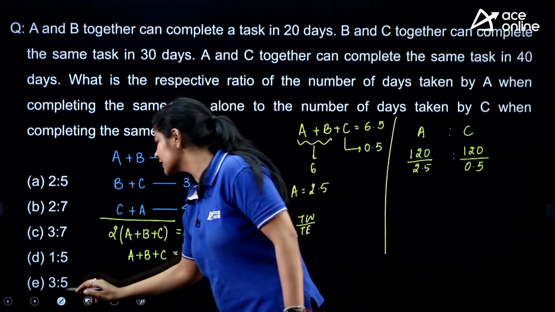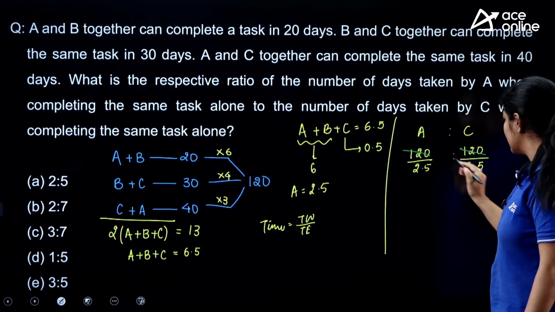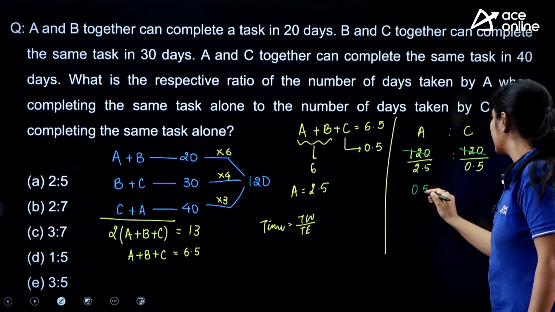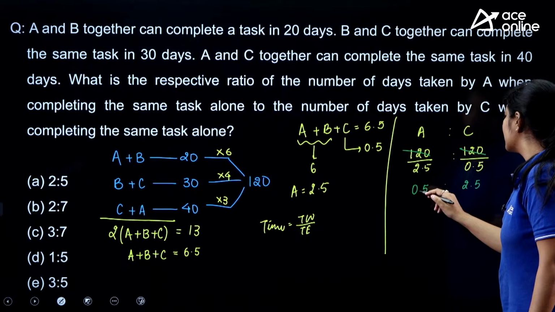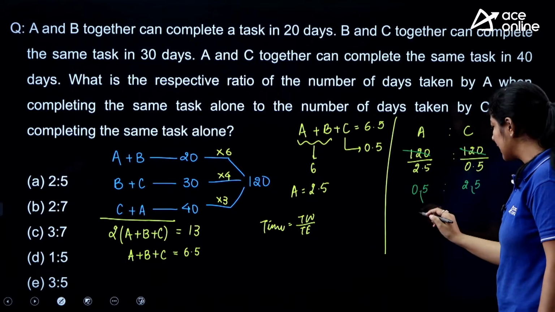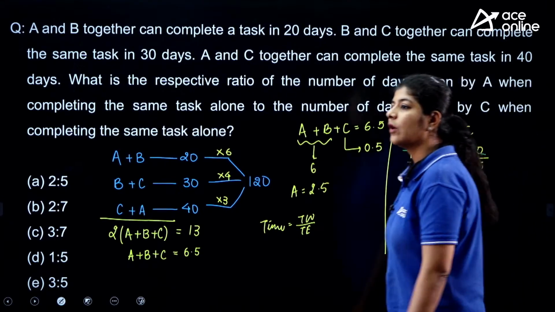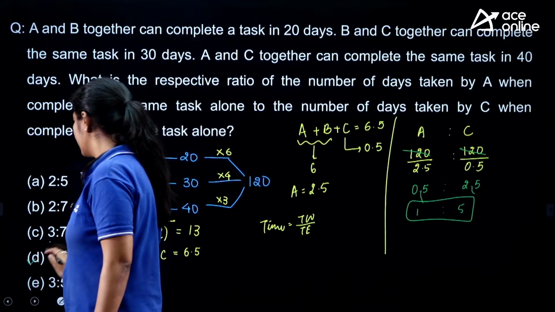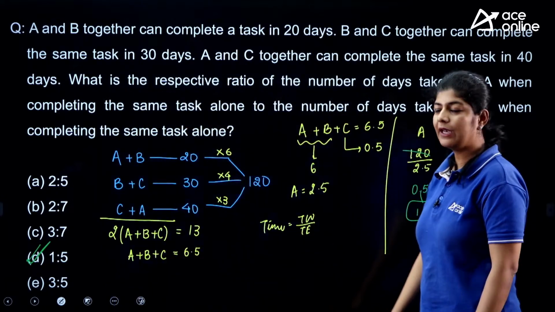When we solve this, the 120 is eliminated, this 0.5 is shifted over here, and here we got 2.5, right? So the decimal points are also eliminated, and ultimately we got our ratio as 1:5. Very good, Ragla, Radhe and Ace, very good, right? Next.